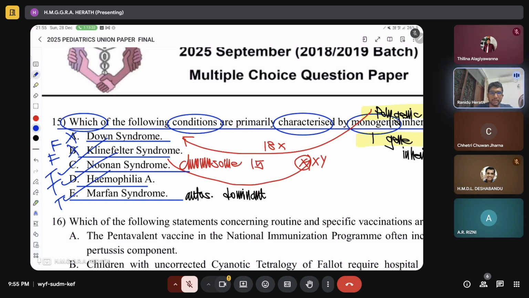It's a bit complex, but for now, just understand that in chromosomal disorders, many genes are problematic. Either there are too many genes or too few. In conditions like hemophilia and Marfan's, only one small gene is involved, a small segment of the chromosome is problematic.